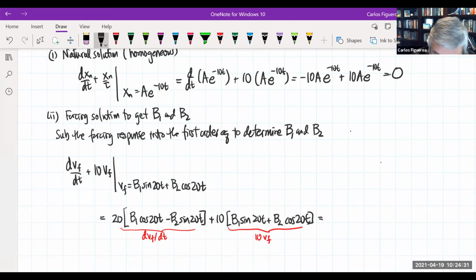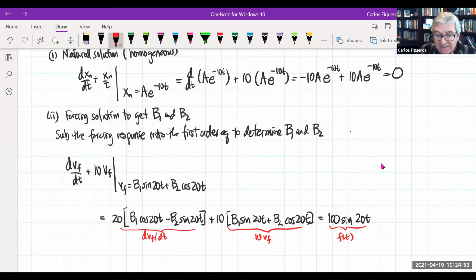So the right side should be equal to 100 sine of 20t. Note that this is our f of t, our effective source.